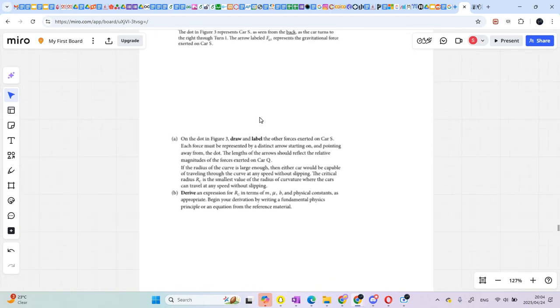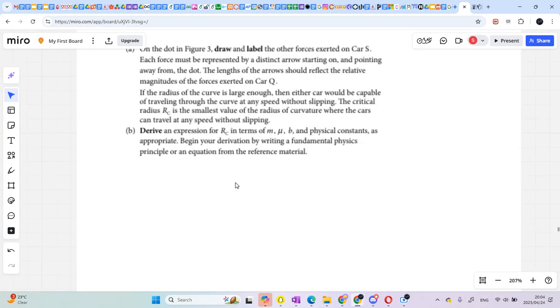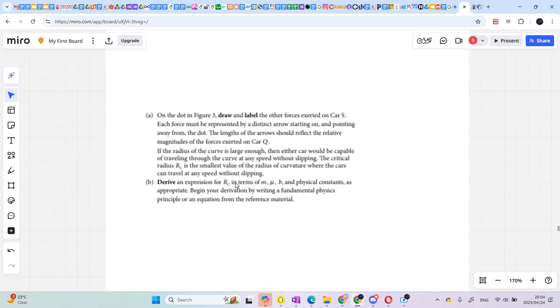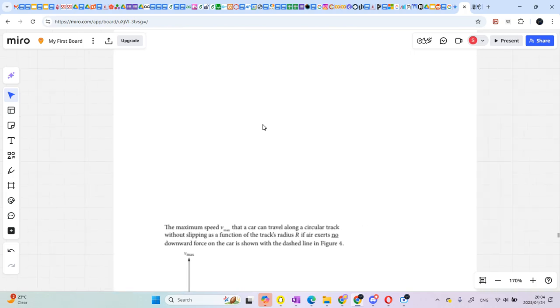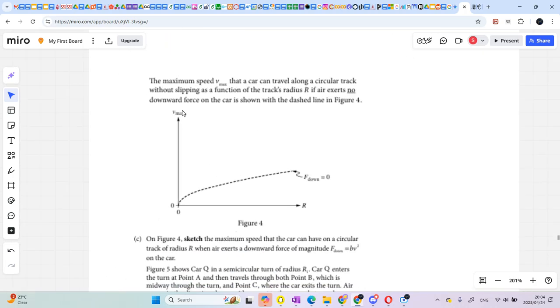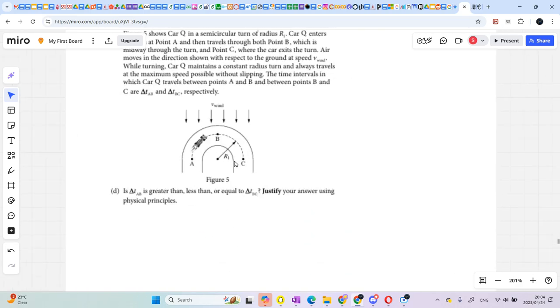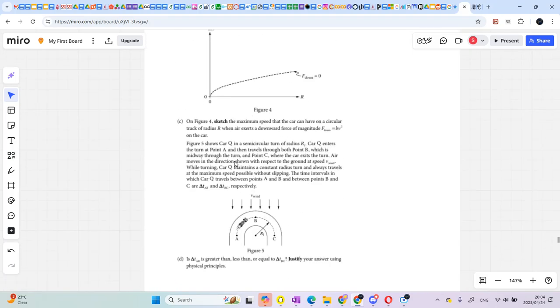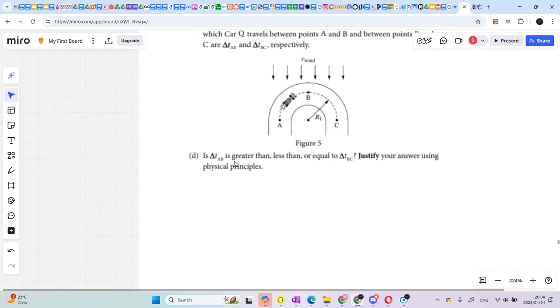So you might be asked to do things like draw a free body diagram, and then again derive an expression. In translation between representations, you might have visual representations, mathematical representations, and also graphing. More importantly, you use all these representations to make qualitative and/or quantitative justifications for certain quantities.